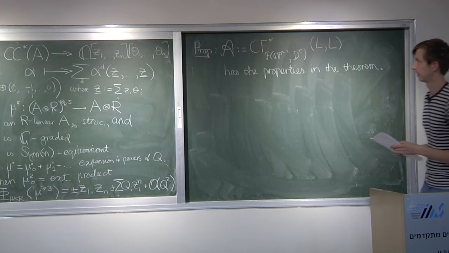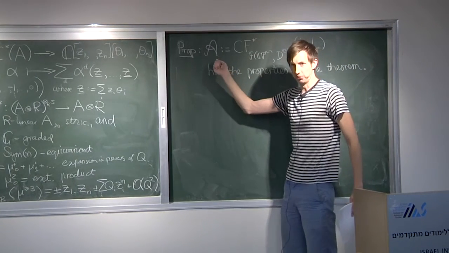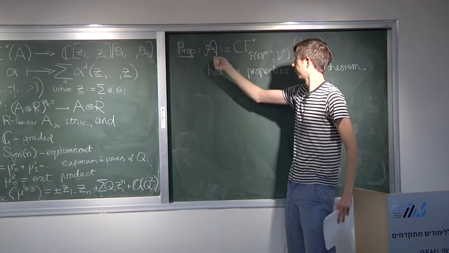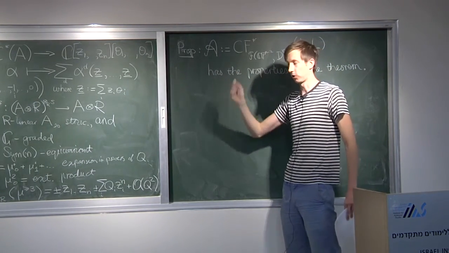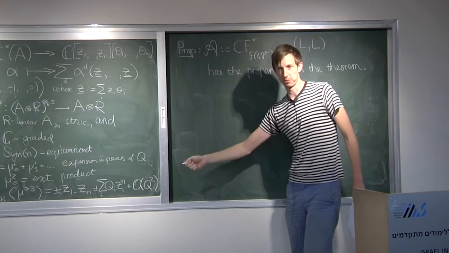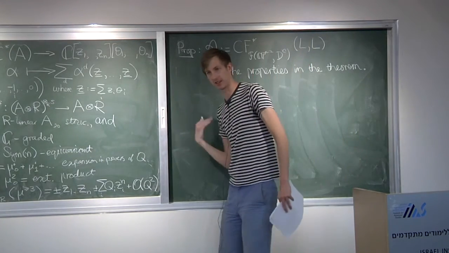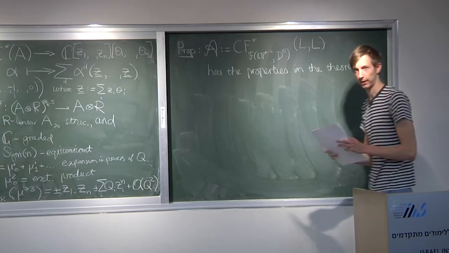In particular, when we prove that the corresponding endomorphism algebra on the B model also has the corresponding properties in the theorem, it'll prove that they're the same up to this mirror map automatically.